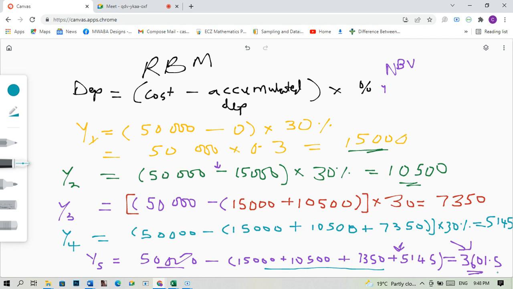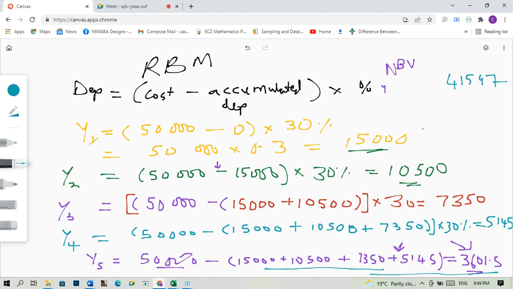When you add all these values together, 37,995 plus 3,601.5, you're going to get 41,597.